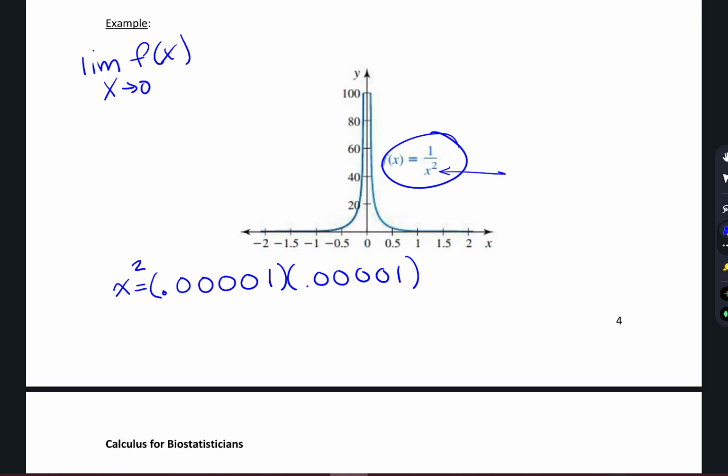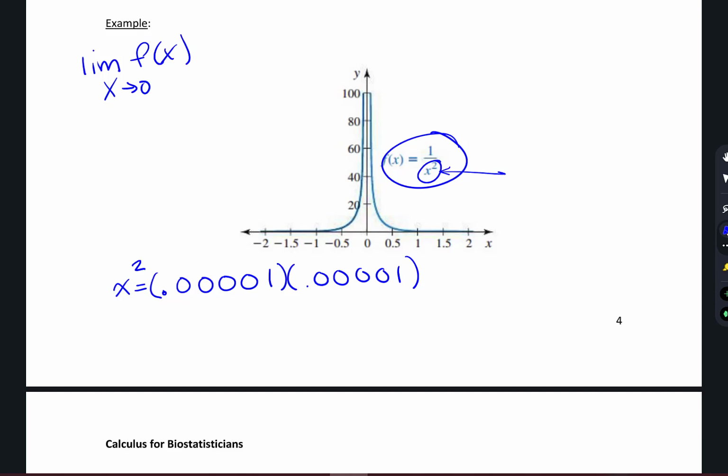And so what happens here is as x gets very, very small, as it approaches 0, f of x is just going to get larger and larger and larger. And so whether we approach from the left or from the right, because notice in this case, we're squaring it, so if we approach from the left, all the negative values are going to turn positive.